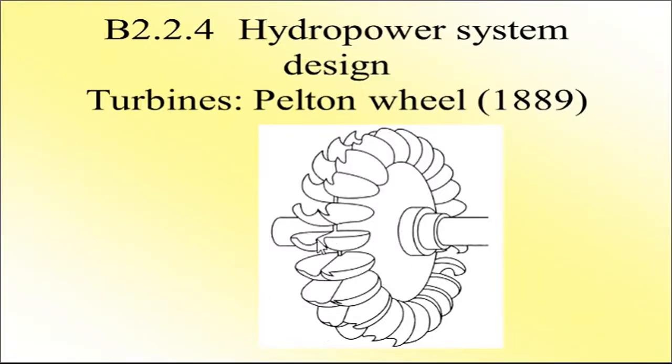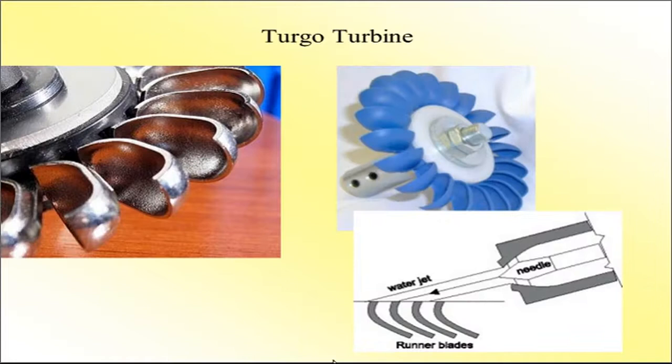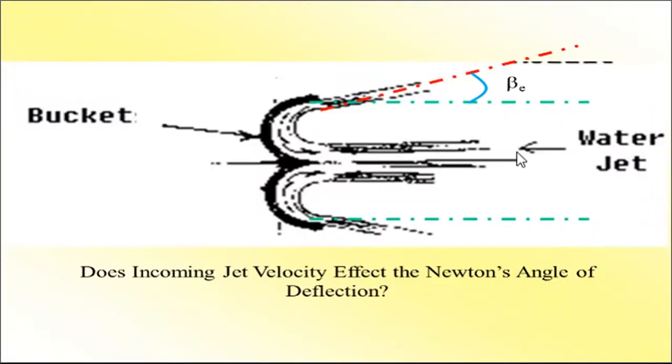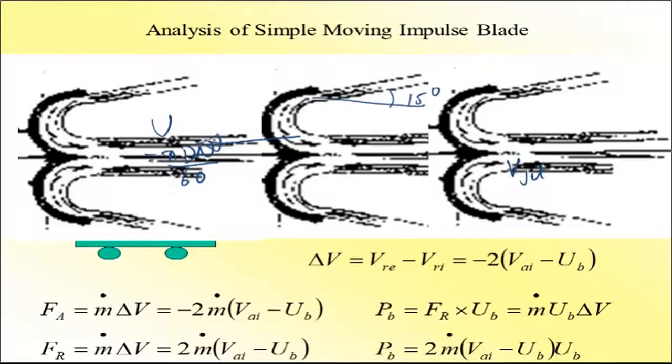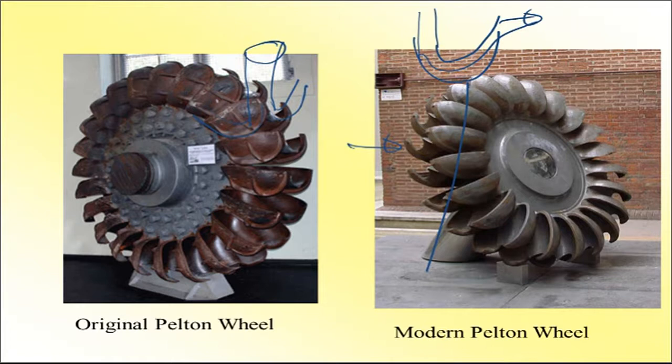These are the plates. We have discussed in detail while solving the numericals. It is double hemispherical or cup type. Turgo turbine is not included in our syllabus. So water strikes here and it will deflect upside and downside. Then this is the analysis, which we have also discussed. Then original Pelton turbine and modern Pelton turbine.